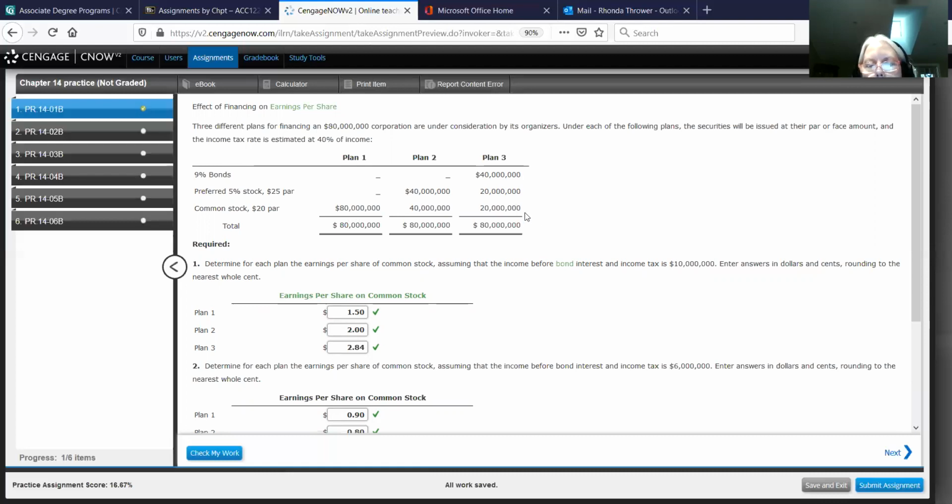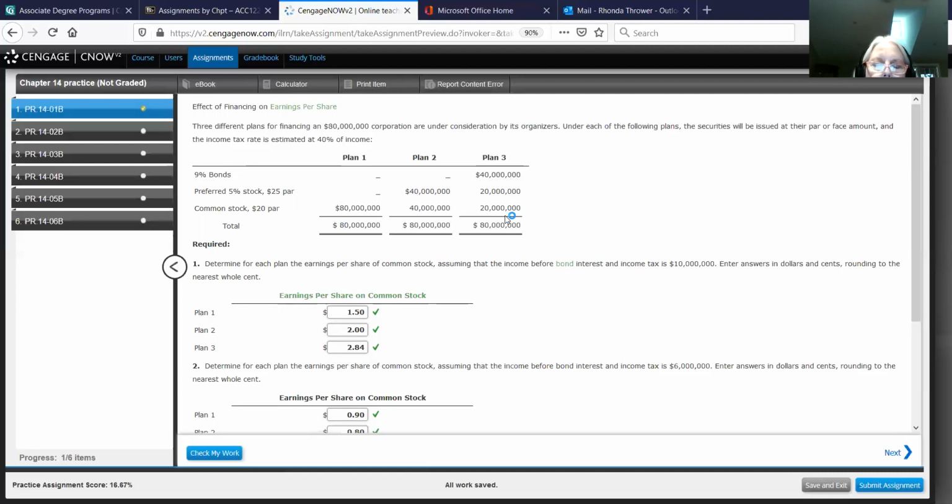What can happen to a corporation is, if you'll remember from last chapter, your common stock has voting rights, and voting rights means that they have the ability to manage the corporation. So in plan number 3, we've kind of eliminated that ability for the stockholders to manage our company.